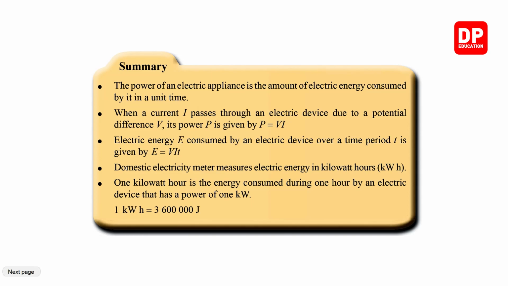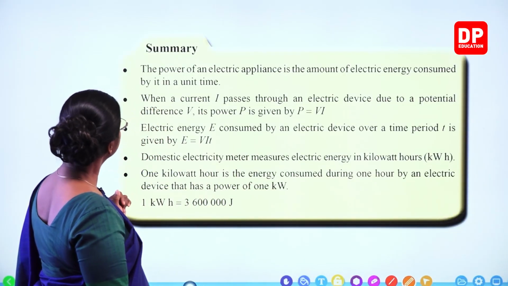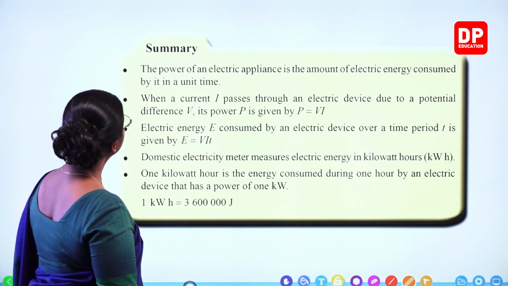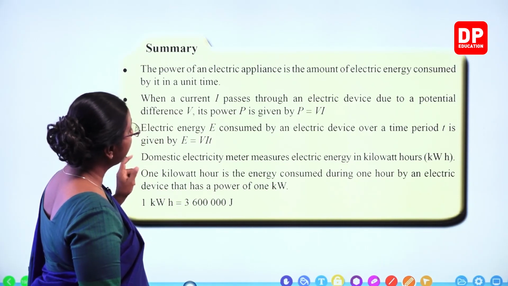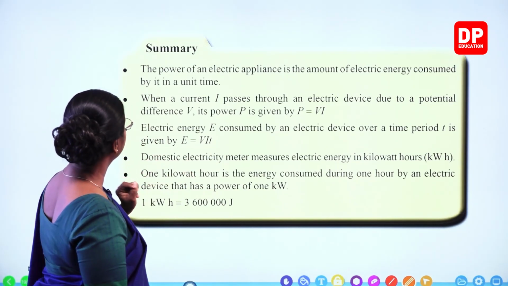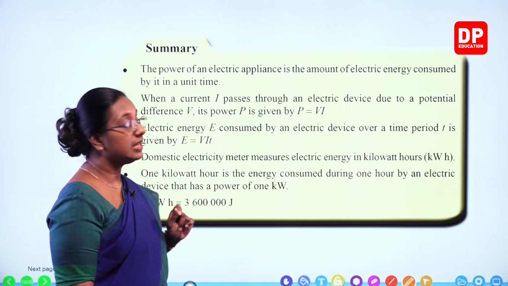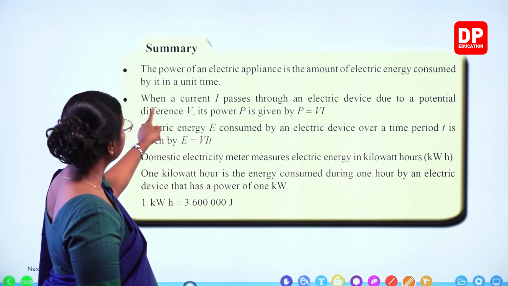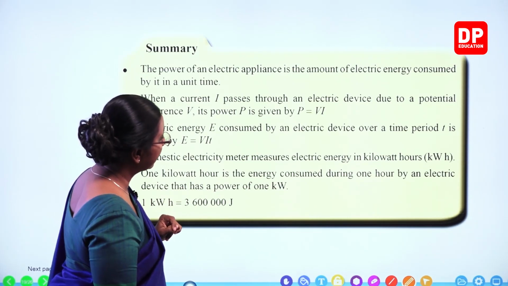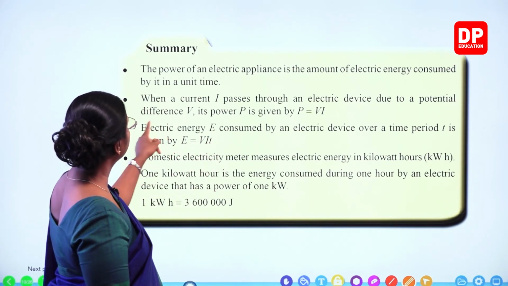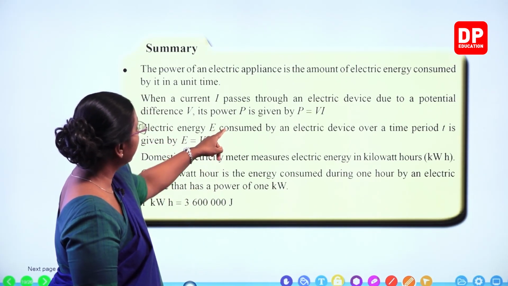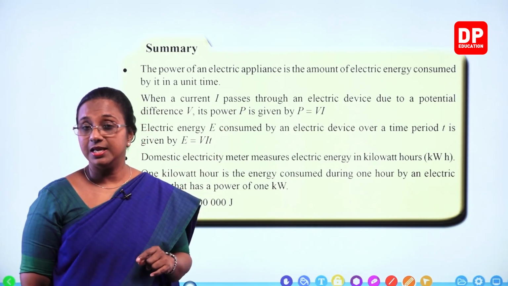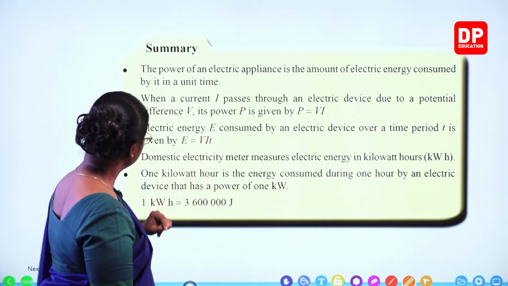So here we have the summary. That means I have completed the lesson. So let's look at the summary. Summary: the power of an electric appliance is the amount of electric energy consumed by it in a unit time. So that is why we use the equation: when a current I passes through an electric device due to a potential difference V, its power P is given by P equals VI, voltage into current.